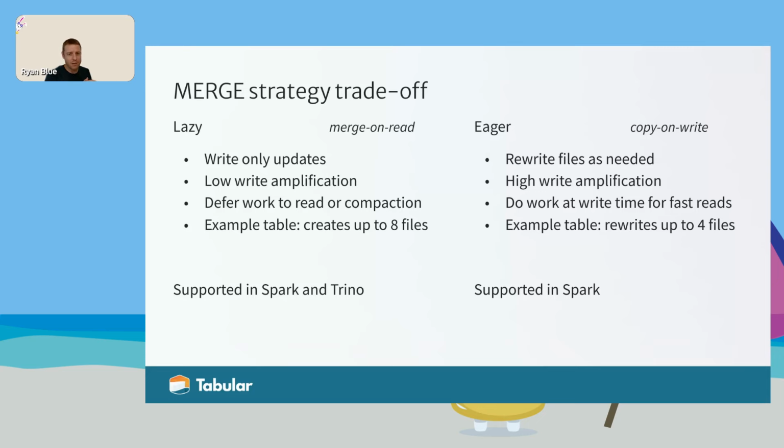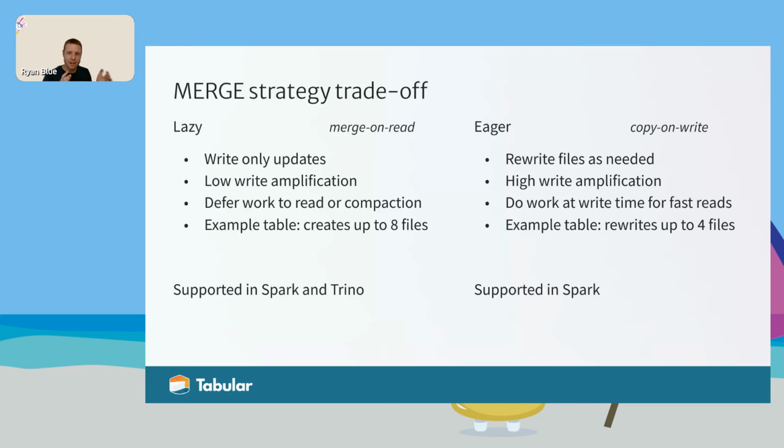On the other hand, you can also use a copy on write or an eager strategy where you rewrite files as needed. So every time a change comes in, if there's a row in a file that needs to be changed, you have to rewrite that entire data file. Now, this is actually great for readers. So it's a little slower at write time, and you might pay a little more to constantly be updating your table.